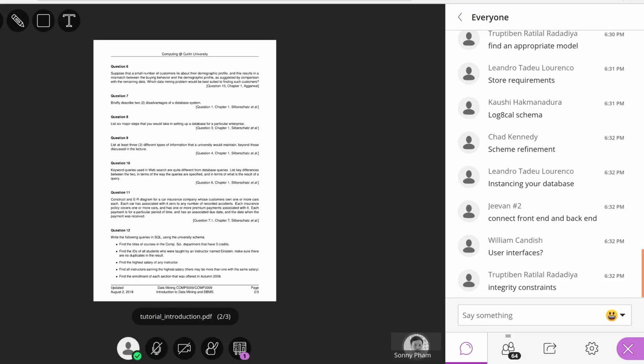So maybe you have to identify who is actually going to use the database, right? And what sort of functionality should we provide? So you have to identify that. So you may have maybe an employee accessing a database, or you may have a web application that accesses the database and then displays the information on a website.